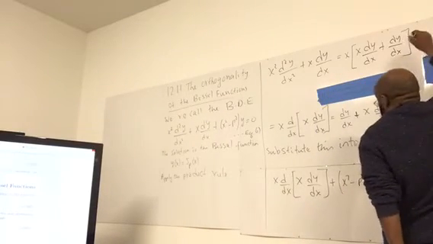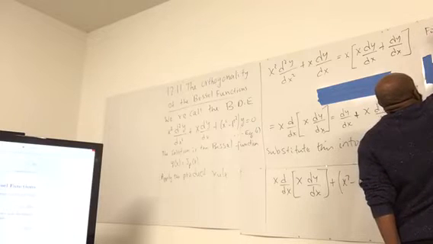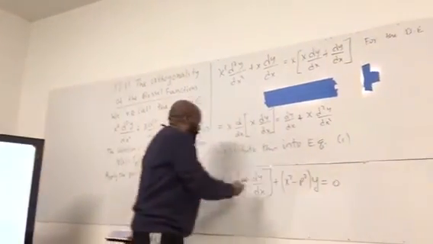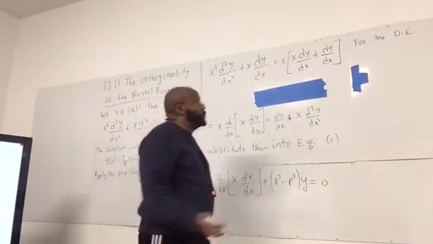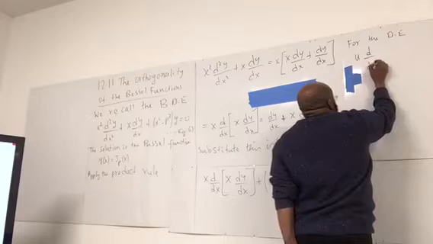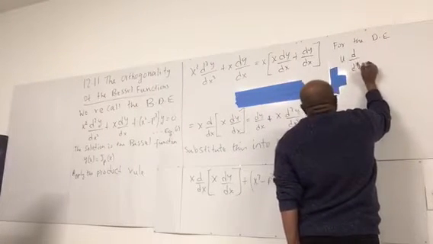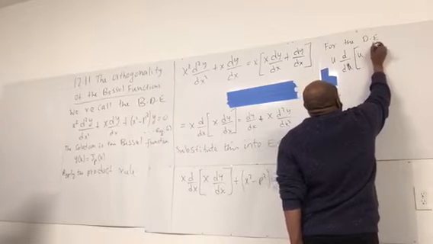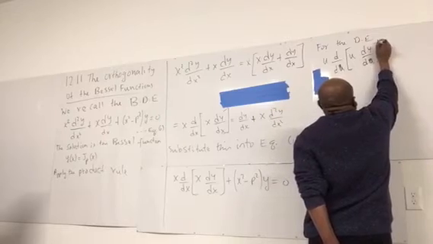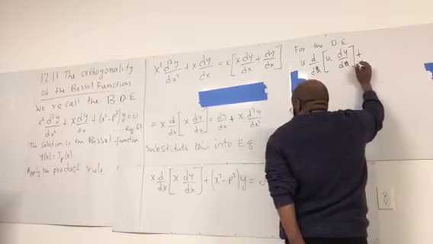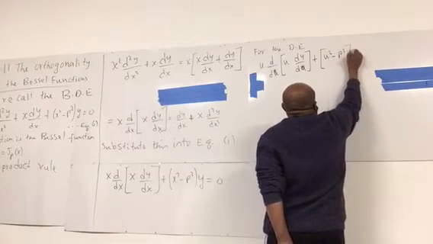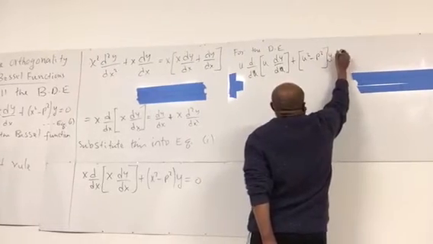I can write this differential equation as u d/du (u dy/du) plus (u squared minus p squared) y equals 0.